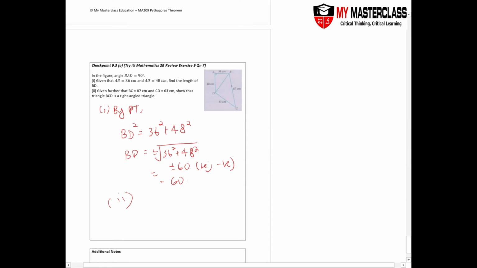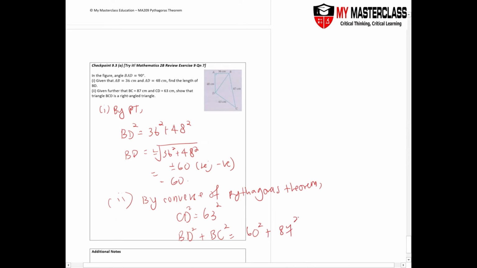Therefore, let's take a look at part 2. Given further that BC is 87, CD is 63, show that it is a right angle triangle. Always write this by converse of Pythagoras Theorem. Then you will say CD equals 63 square, and BD square plus BC square equals 60 square plus 87 square.